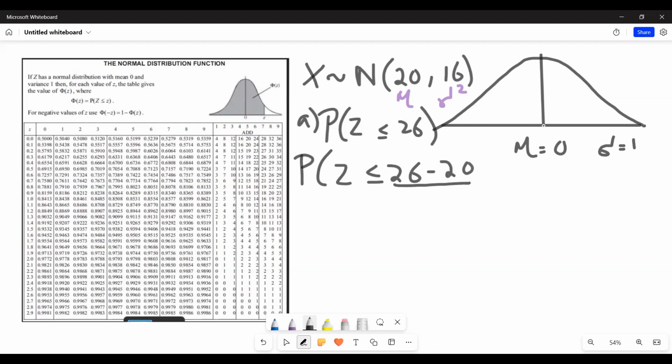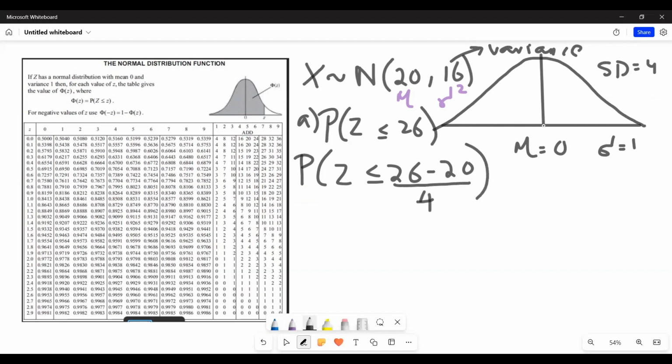Mean is subtracted, standard deviation is divided. If the variance is 16, that would mean the standard deviation is 4. Standard deviation is found by taking the square root of the variance. So we divide by 4.